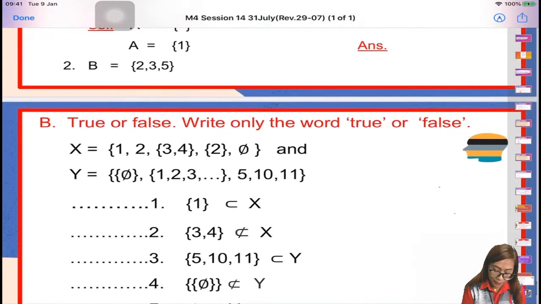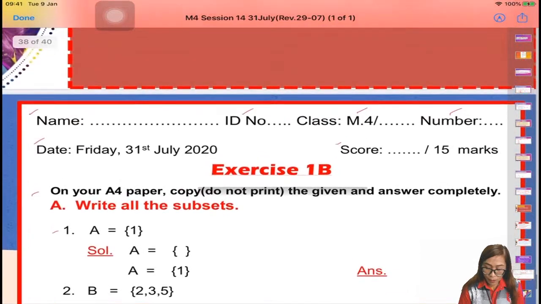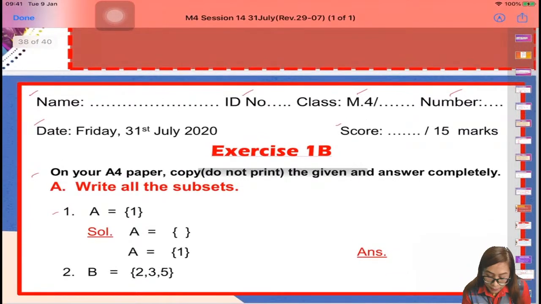You have to copy everything. So you have to write only true or false. Just answer true or false. Complete word, true or false. Okay, you have to look from set X and set Y. Could you please take a screenshot of this? Okay, do it now.